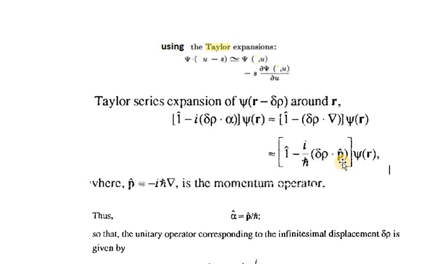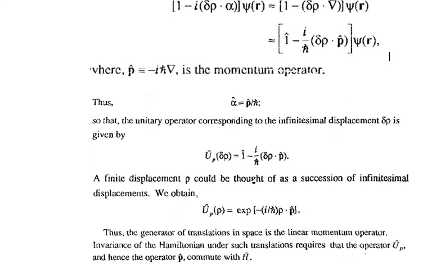By comparing the left and right sides, we can write alpha equal to p by h cross, so that the unitary operator corresponding to the infinitesimal displacement delta rho is given by U of delta rho equal to 1 minus i by h cross delta rho dot p. Now this is the unitary operator.